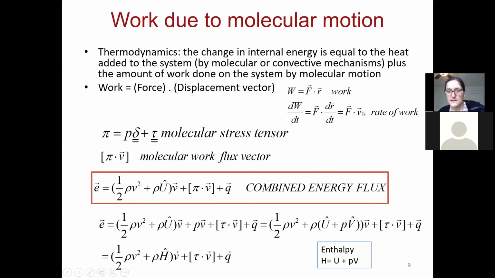So is the rate of work, is this formula clear? This is review of where we did this in physics, I presume, or if not, then in thermodynamics. So if I have a force acting along a path, work is given by the dot product of the force vector and the displacement vector. Is this clear? Yes. Okay. So then if I'm looking at the rate of work, and what I'm looking for is this energy flux.